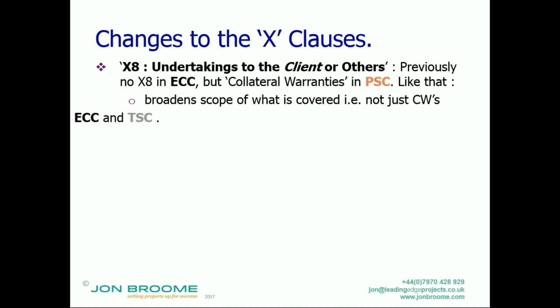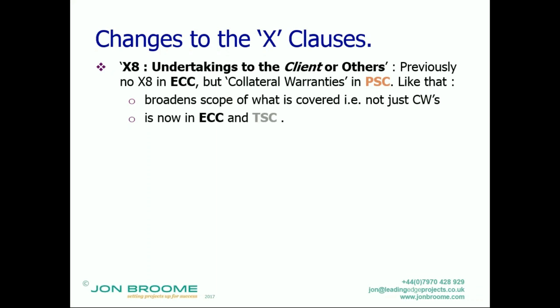So what have we got? X8 has changed from collateral warranties to undertakings to the client and others. It previously was not in the engineering construction contract, and people were saying, hang on, why aren't collateral warranties in the main engineering construction contract? They apply equally.